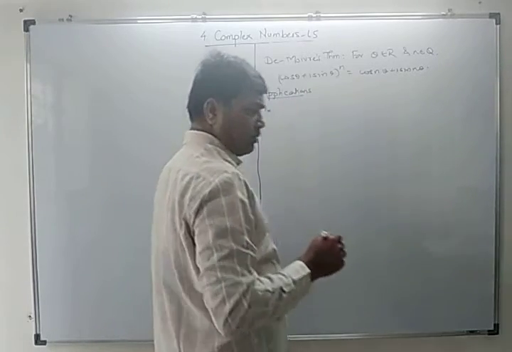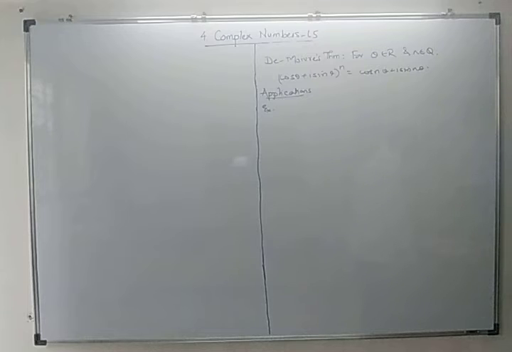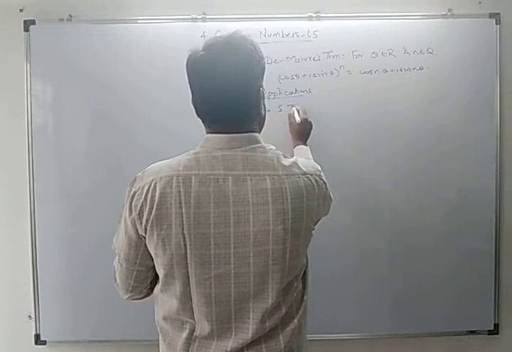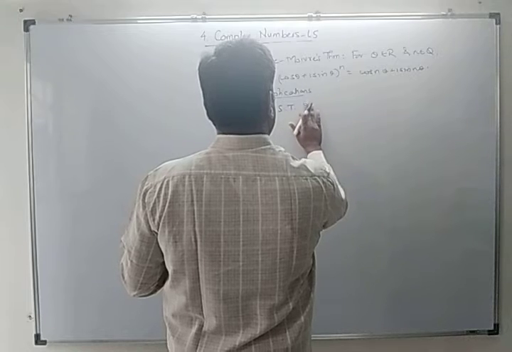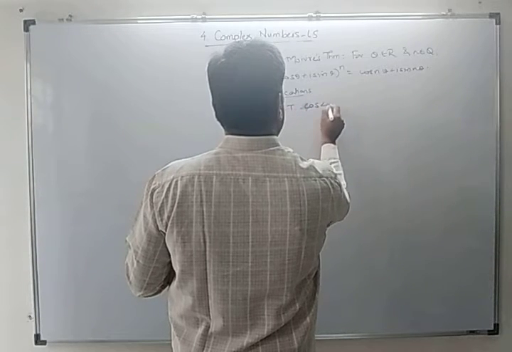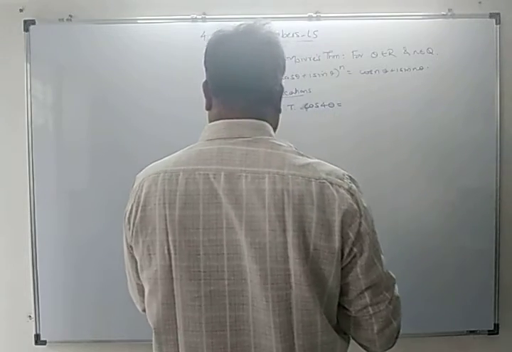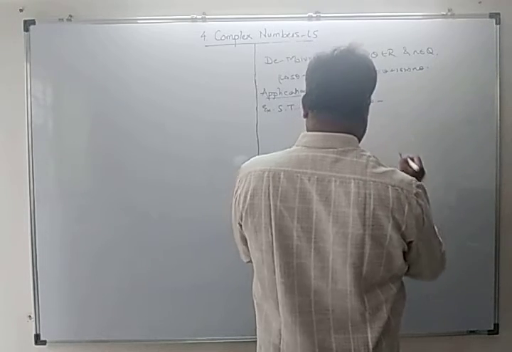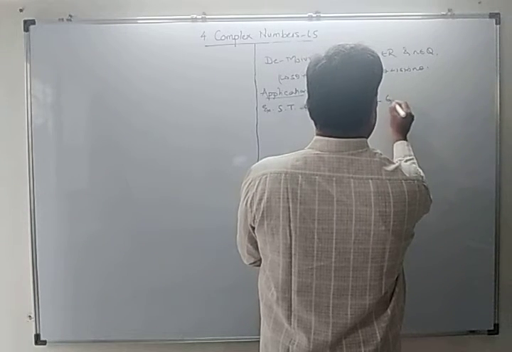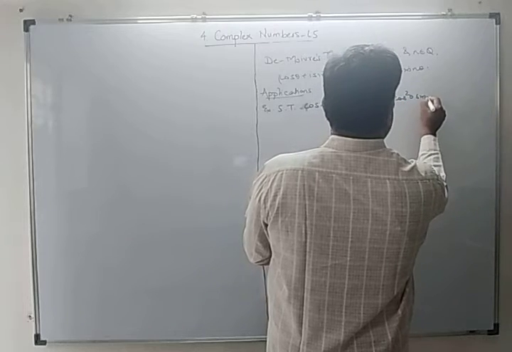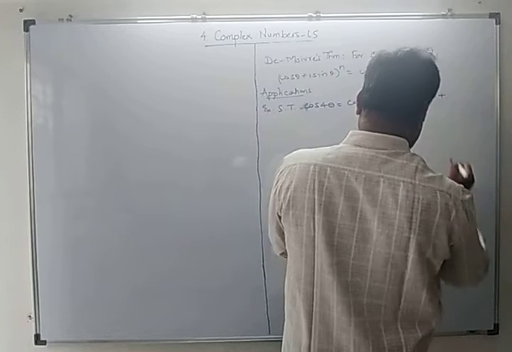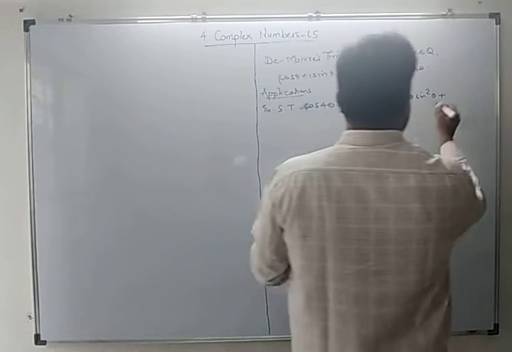Example: show that cos 4 theta is equal to cos raised to 4 theta minus 6 times cos square theta into sin square theta plus sin raised to 4 theta.